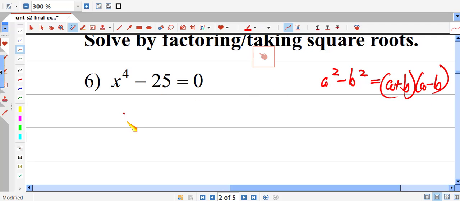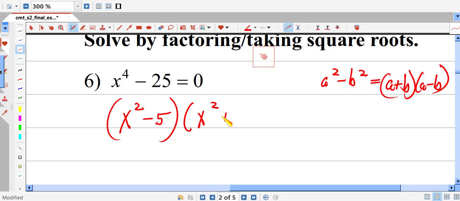So that means I'm going to have x, now instead of squared, because I'm talking about the fourth power, I make that a 2. So x squared minus 5 and then x squared plus 5 equals 0.